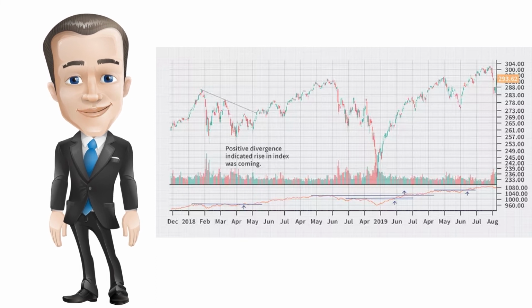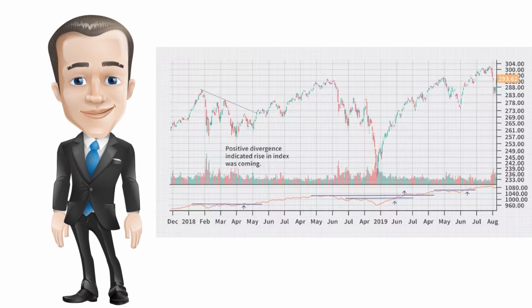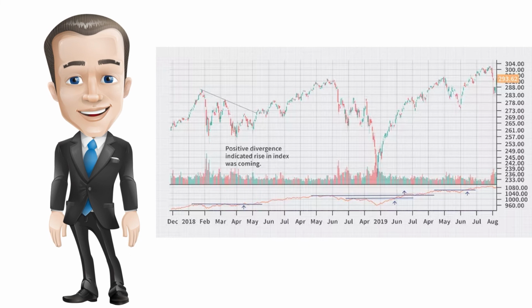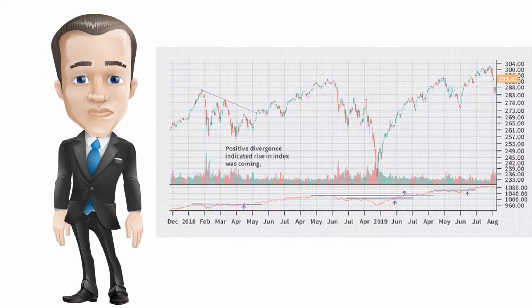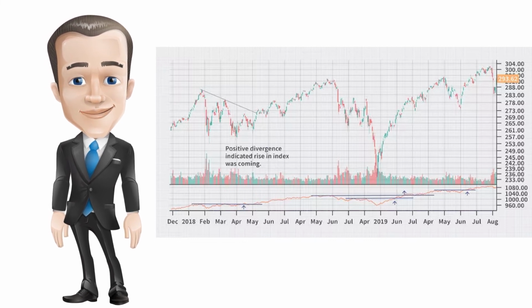This chart below shows the SPDR S&P 500 ETF, SPY, along with the New York Stock Exchange AD line. In early 2018, the S&P 500 was moving lower, but in April, the New York Stock Exchange AD line was making new highs. The S&P 500 was nowhere near its highs, yet ultimately the index followed suit and made new highs like the AD line.